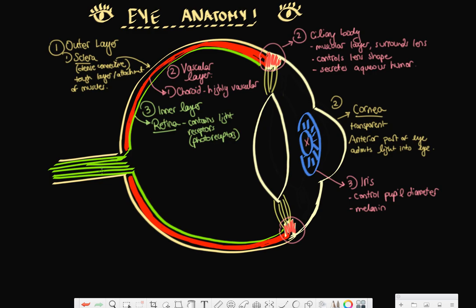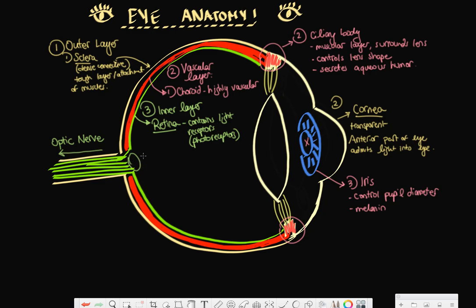As they process this information, they will send this visual information out of the eye and towards the brain. This is going to be carried through what we call the optic nerve. Now, as the optic nerve exits the retina, you'll notice that right here, we do not have any light photoreceptors.